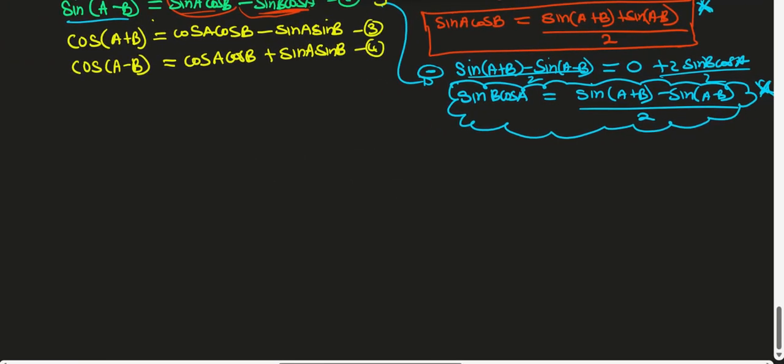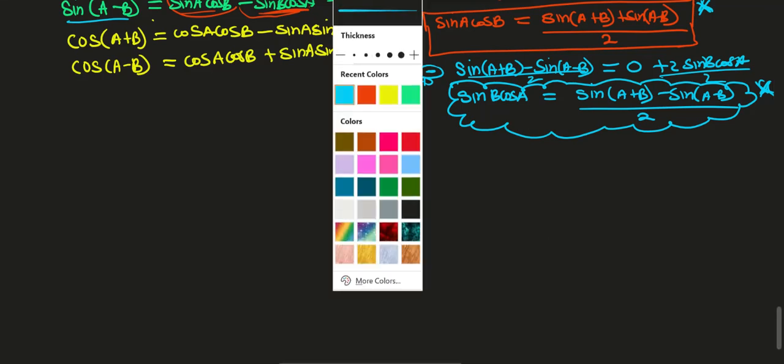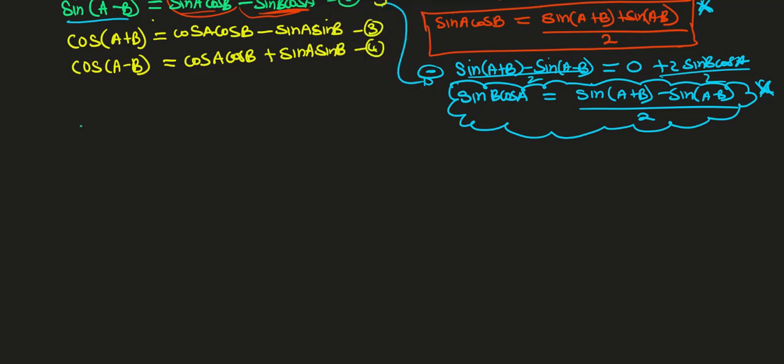And then we do the same for cos. Let's add them and see what we get. We're adding equation 3 and equation 4.